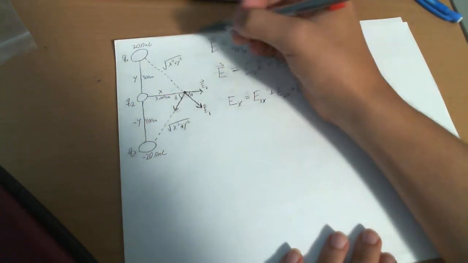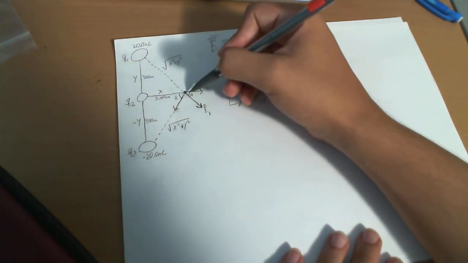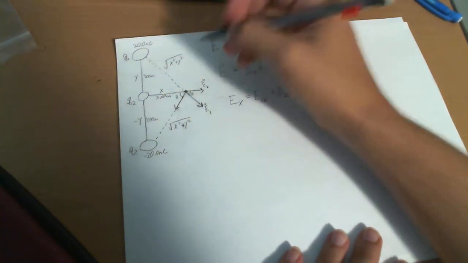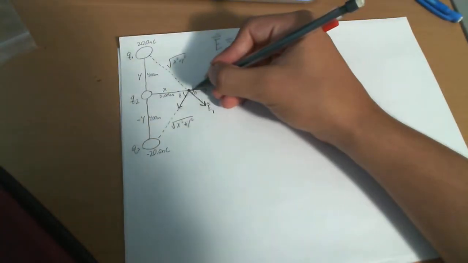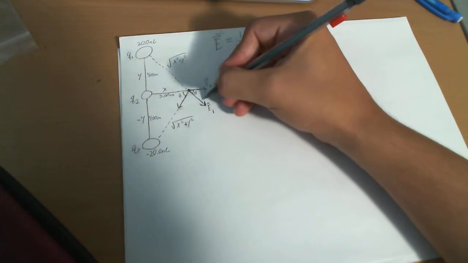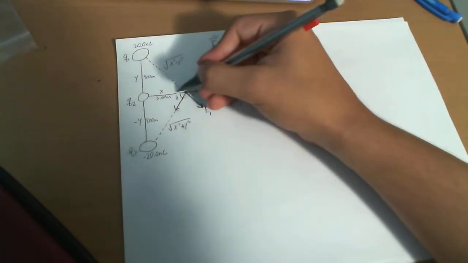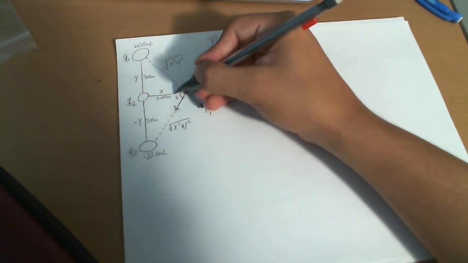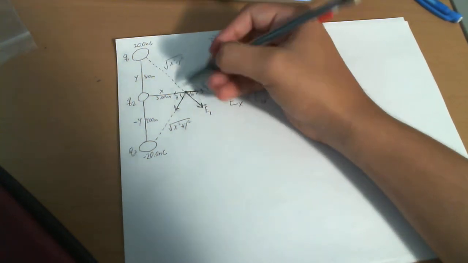So by symmetry, we know that these two angles must be the same. Therefore, their corresponding x components are going to be the same, but in opposite directions, as you could see.